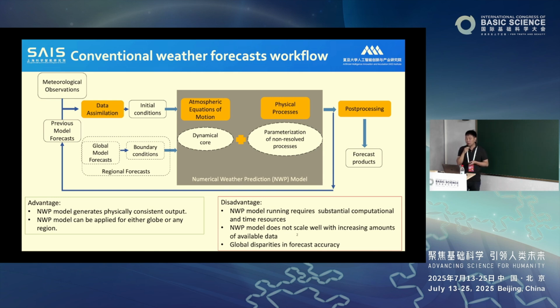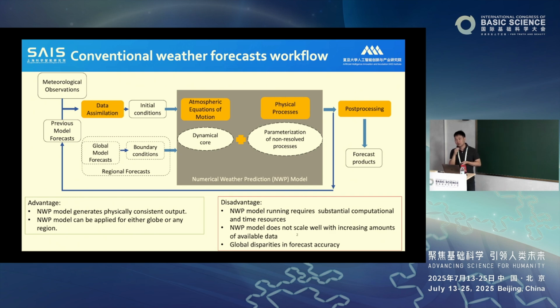And we are getting more and more observational data from satellites and radars. Although NWP performance improved substantially after we first launched meteorological satellites back in the 1990s, now we didn't get the expected improvement from NWP models, although we are getting more and more observation data.